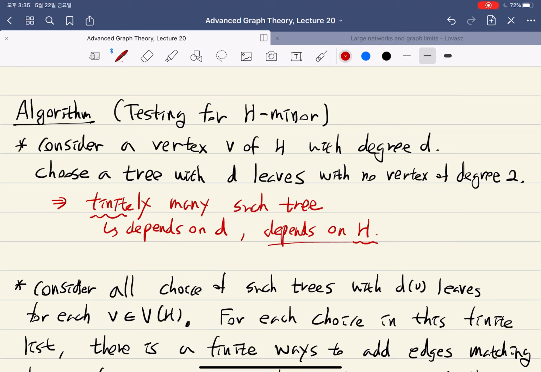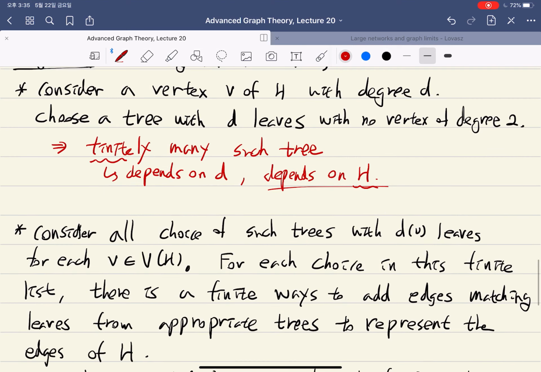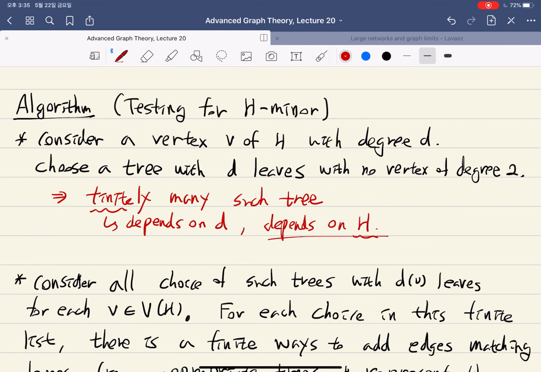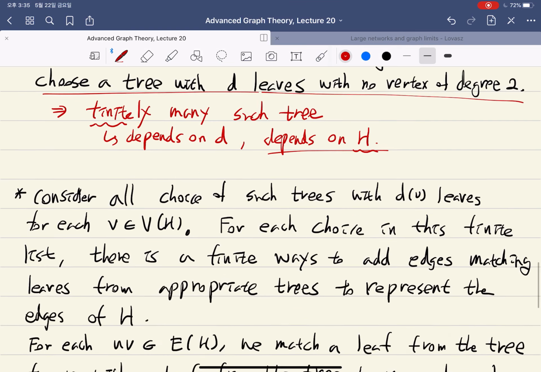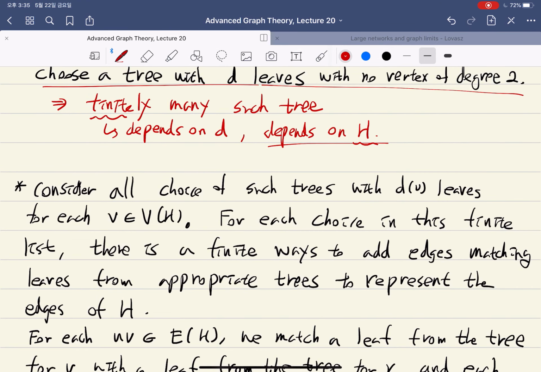So anything that comes from H is just a constant. So there are finitely many such trees. We calculate all such trees and write a list. We consider all choices of such a tree for each vertex in H.